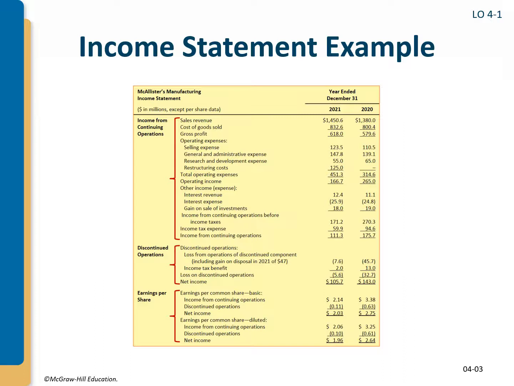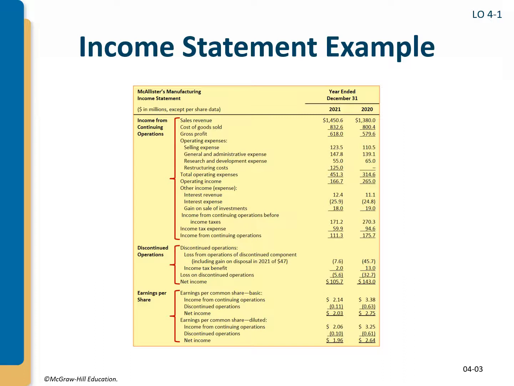We then have other income and expenses that occur that are not directly related to our operations. Interest revenue. This is revenue we earn on an investment. Interest expense. This is an interest we have to pay on a financing item. Gain on the sale of investment. Sure, we made money on it, but that's not part of our normal operation. So we put these other items together and net their effect. So revenues would be added, expenses subtracted, and then either add or subtract to the overall amount.